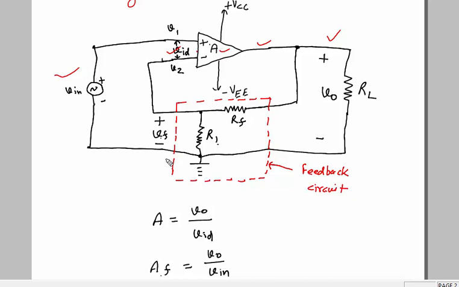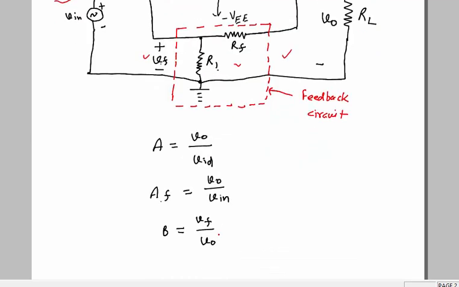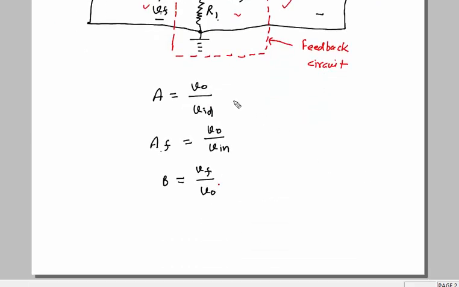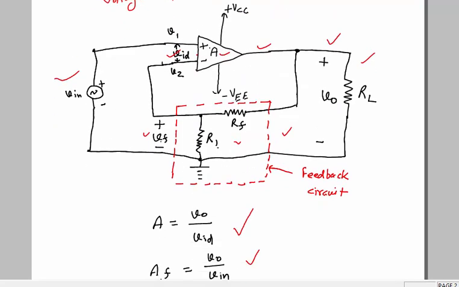B is the gain of the feedback circuit, so it is nothing but VF by V0, because this and this are in shunt, so the voltage will be the same here. So these are the definitions of A, the gain without feedback, AF, the gain with feedback, and B, the gain of the feedback circuit. I hope this is clear.